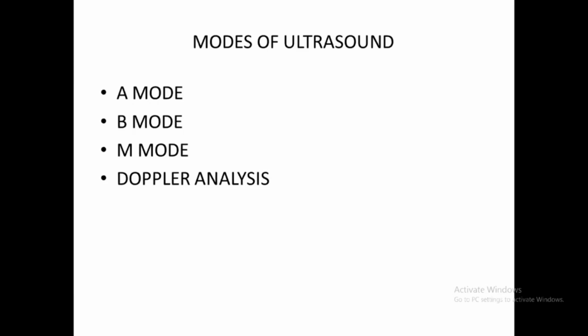So what happens here is, in B mode, you have seen only two axes, and it is a two-dimensional image. Based on digital signal processing, you get the image in the B mode. In M mode, we are going to add one extra parameter, that is time.